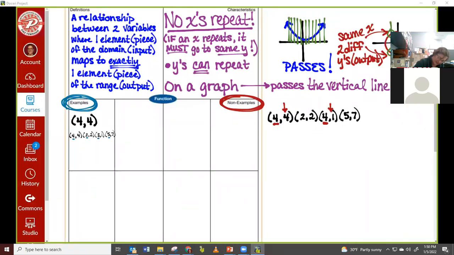So I would take this and I would put that on my non-example list. I'm going to try one more with this, and then I'm going to get the table that you suggested, Rihanna, and we'll get that up. What about that? Function or not?